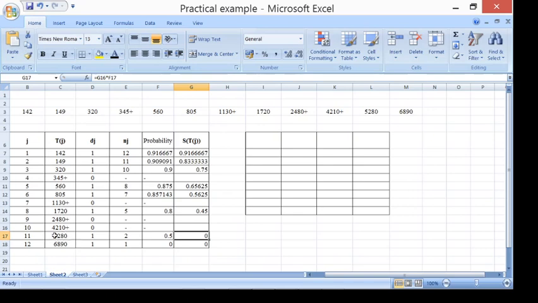survival time at time point 5280, it will be a product of two probabilities. Just reaching the time point 5280, that probability is 0.45. So I will change this particular thing. I will give the cell address of 0.45, it is G14. You have to reach the point 5280, and in order to reach 5280 you should successfully cross the time point 1720.